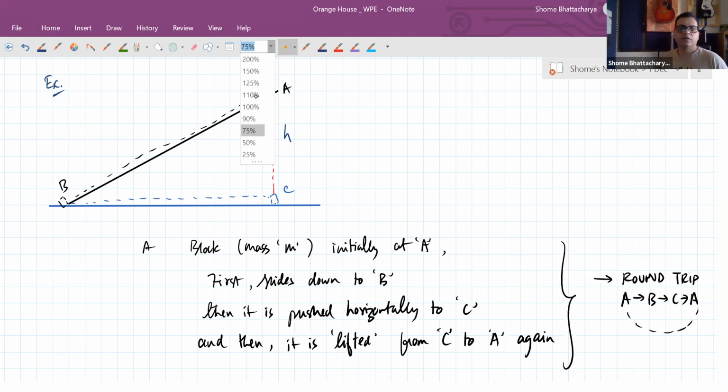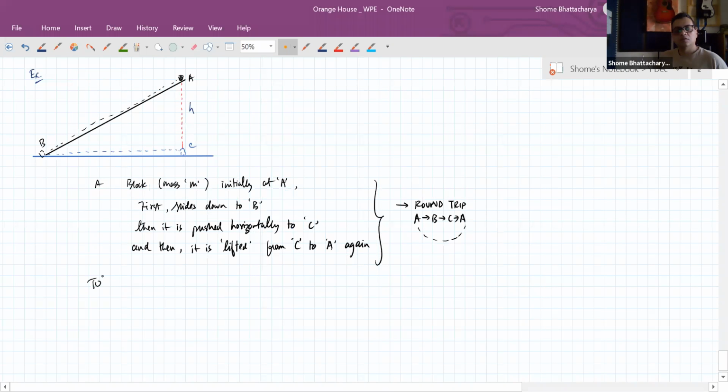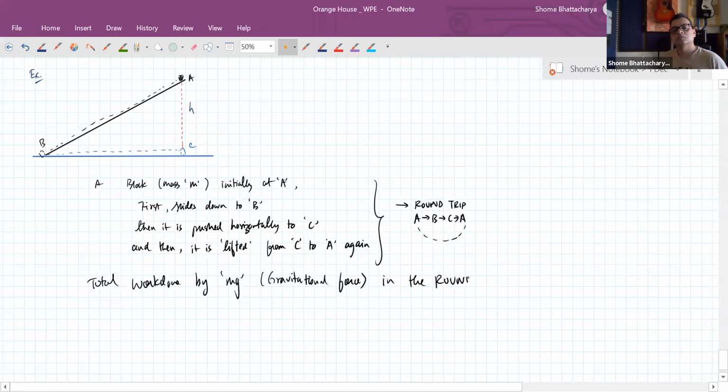So if we calculate the total work done by gravity, the gravitational force, in the round trip, you'll see that the total work done will be the work done by gravity from A to B plus the work done from B to C plus the work done from C to A. So when you calculate, you can see that this will be plus mgh, this will be 0, this will be minus mgh.